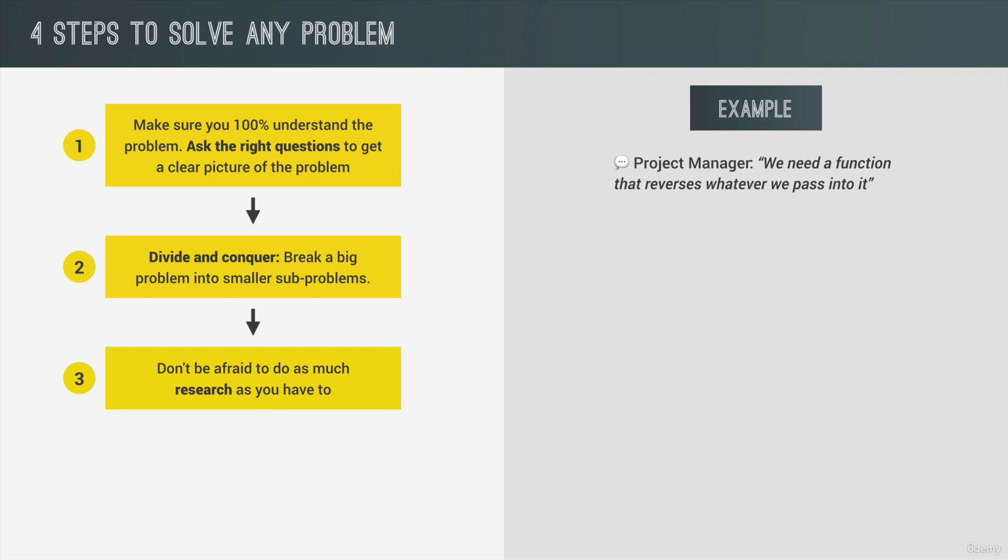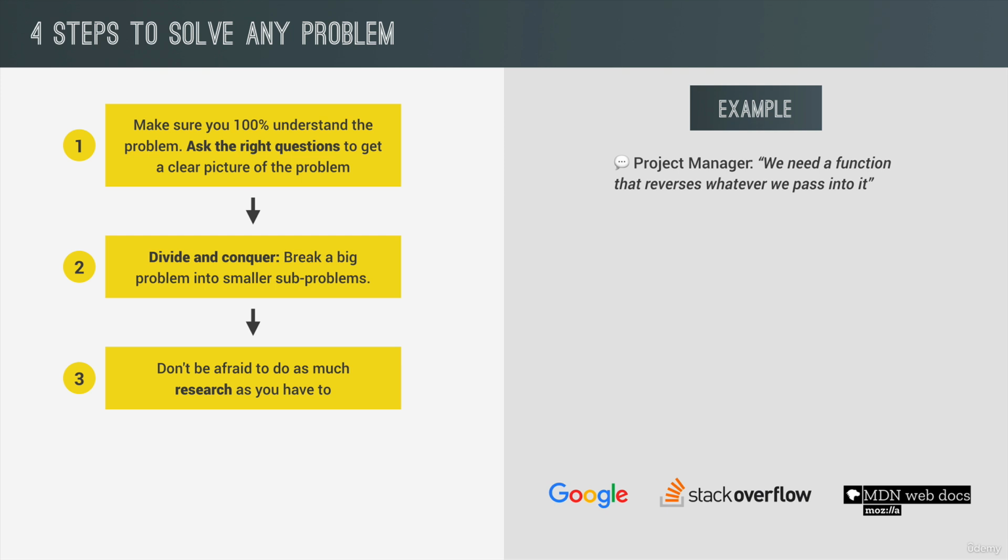But if we're constantly hitting a wall and cannot move on, then we should waste no more time and just find out how it works using Google or a questions and answers website like Stack Overflow or the MDN JavaScript documentation. We will see how to use these in the next lecture when we're going to work together on a real problem. And actually, researching is a huge part of a programmer's job, as you will find out very soon.